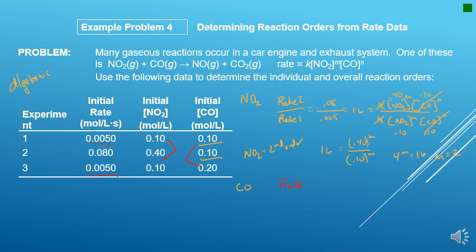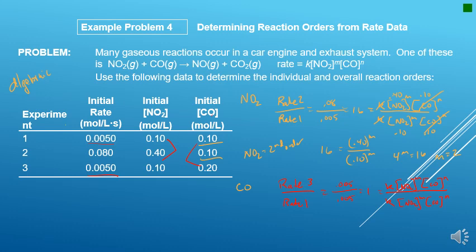In this case, it doesn't really matter which rate we put on top, but I'm going to go ahead and put rate 3 on top and then rate 1 in the denominator. So I have 0.005 over 0.005, so that equals 1, and that's equal to my K. We have our NO2, and I'll raise that to the M, CO raised to the N. We know the NO2 is second order, but that does not matter for us in this case.